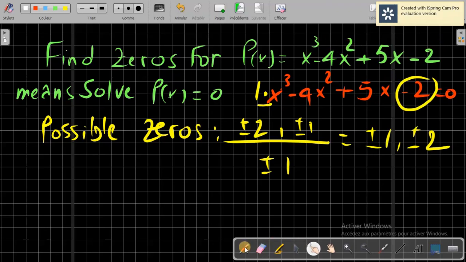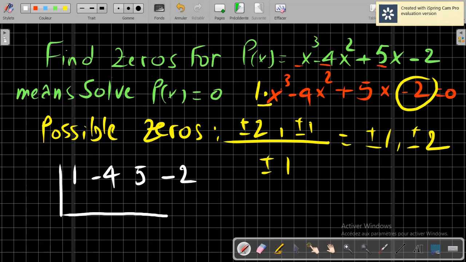I write them as I would for a synthetic division: 1, negative 4, 5, and negative 2.